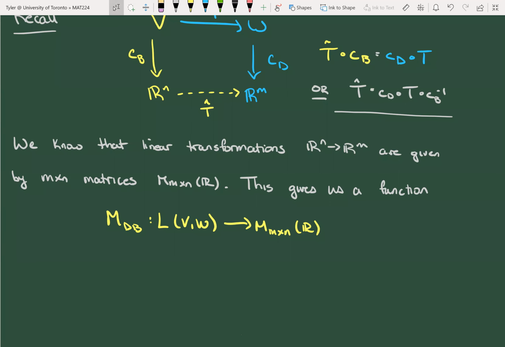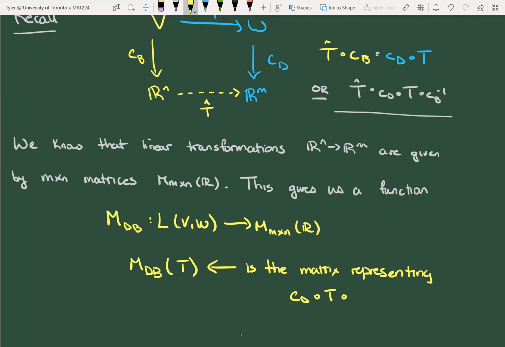So what this function says is, if you give me a linear transformation T, MDB of T, that's a mouthful, is the matrix representing CD compose T compose CB inverse.